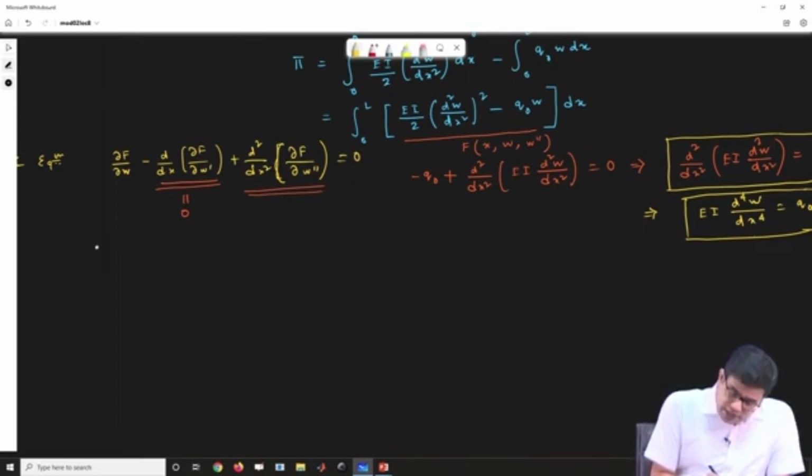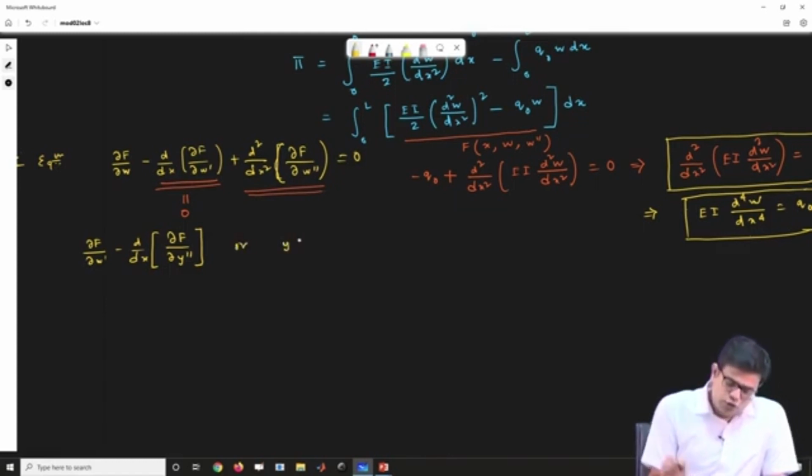That is ∂f/∂w prime minus d/dx of ∂f/∂w double prime should be given.